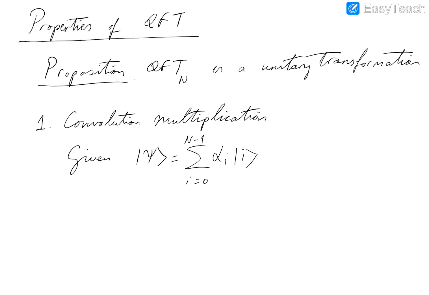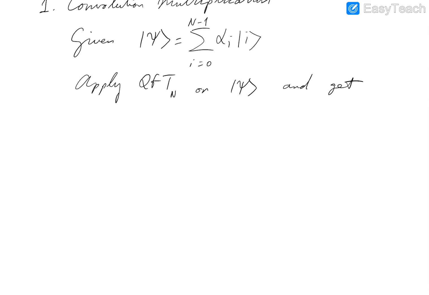So if we apply the quantum Fourier transform of dimension n on this state psi, then we get another n-dimensional quantum state psi prime with amplitudes beta i.